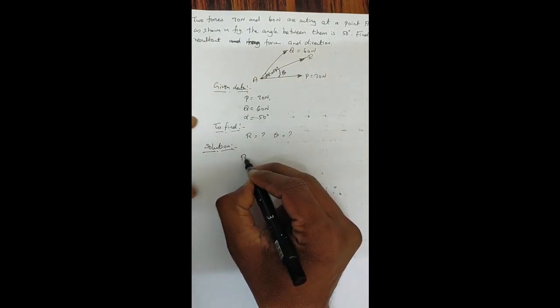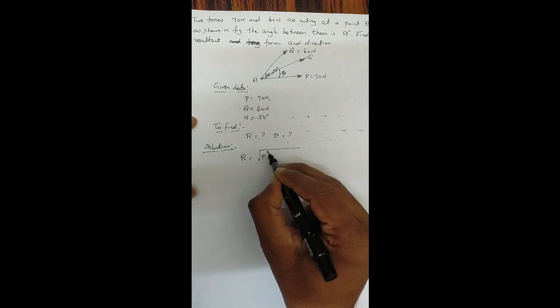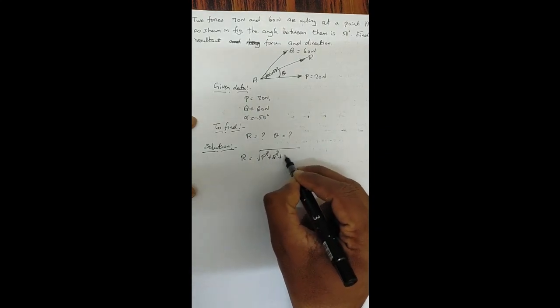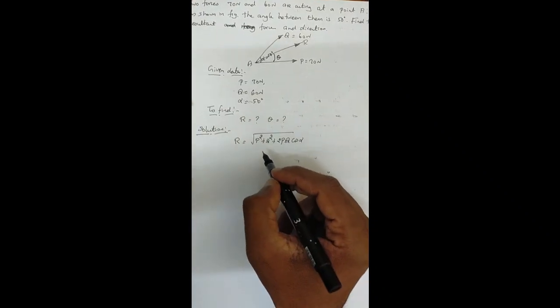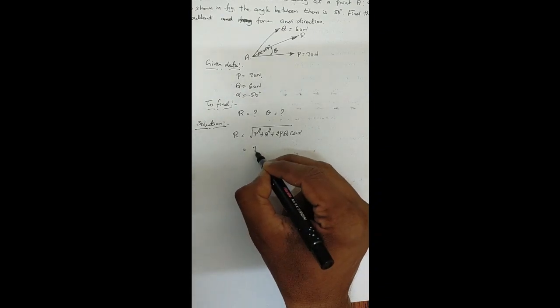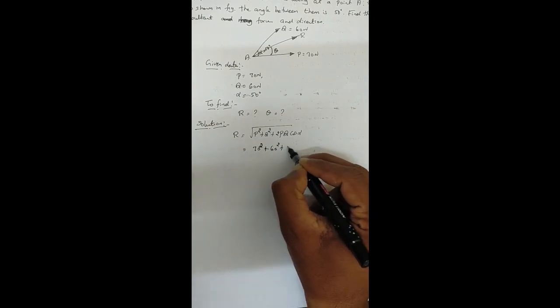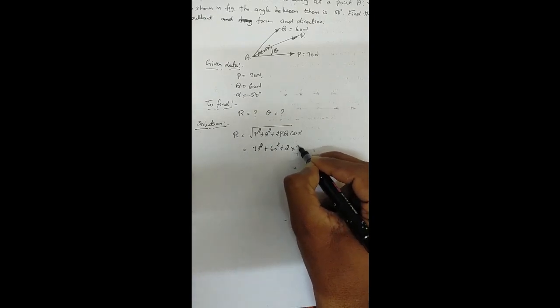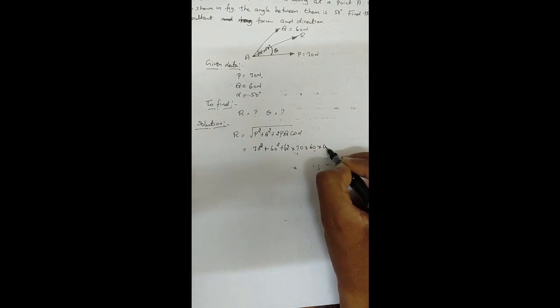Resultant force R equals, what's the formula? Root of P square plus Q square plus 2PQ cos alpha. We know all these details, so just substitute all values over here: 70 square plus 60 square plus 2 into 70 into 60 into cos 50 degree.